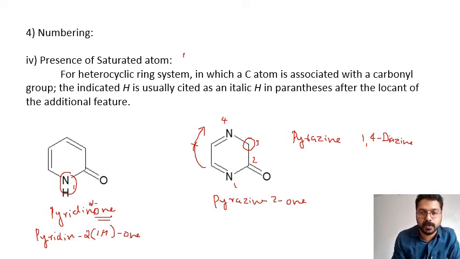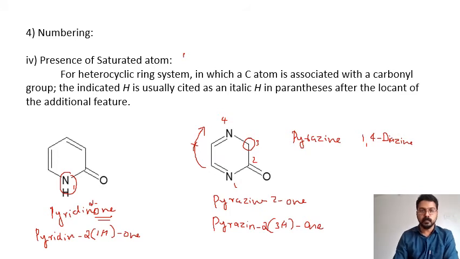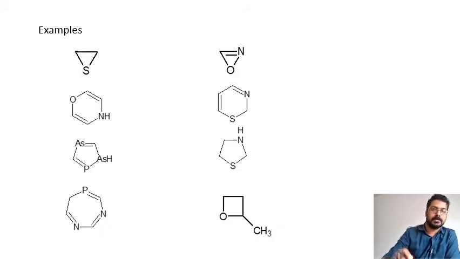So the best way is to go 1, 2, 3, 4 anti-clockwise. After the position of the additional feature, that is 2, we place the indicated hydrogen: pyrazin-2(3H)-one. So that is the case of nomenclature.